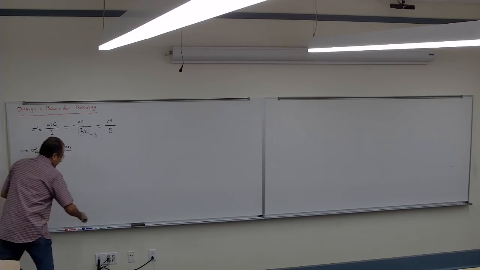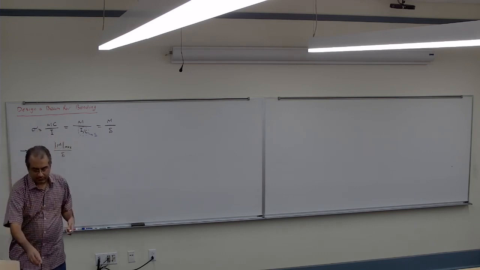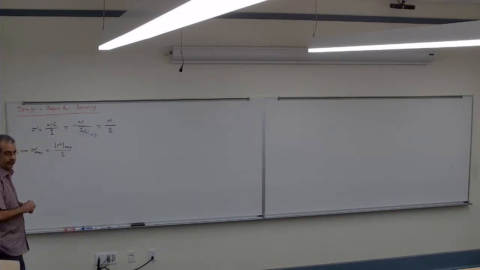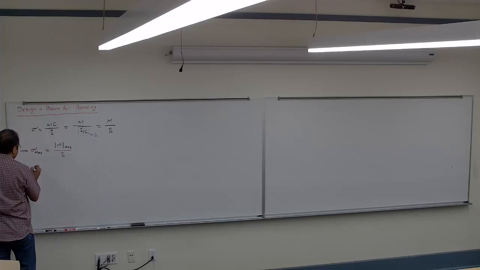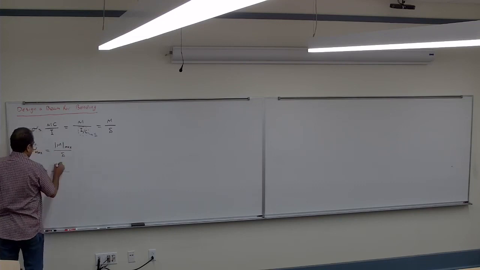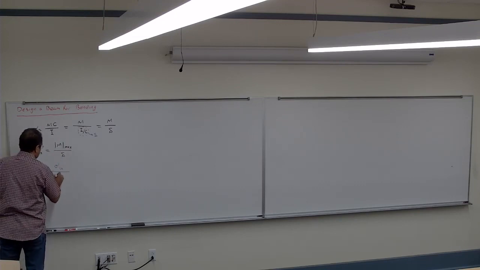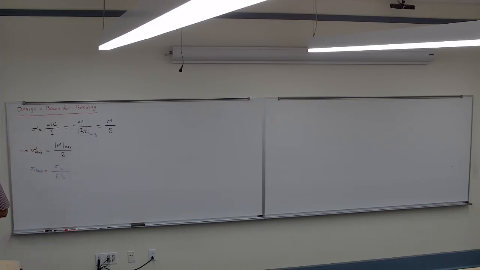Now, what's the maximum we can tolerate, can handle? The sigma allowable. What was the sigma allowable? The sigma ultimate divided by the factor of safety, correct?